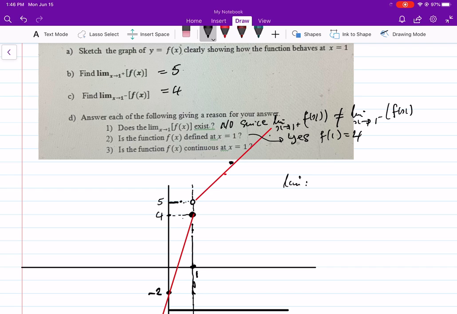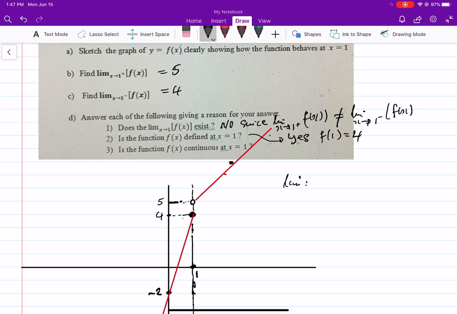And then the last part, is the function continuous at x is equal to 1? Well, certainly one of the criteria has not been met. In fact, two of the criteria have not been met to be continuous. But any one of them that's not met would tell you that the function is not continuous. One of the first criteria that had to be met was that the limit as x is approaching 1 plus had to be equal to the limit as x is approaching 1 minus of f of x.